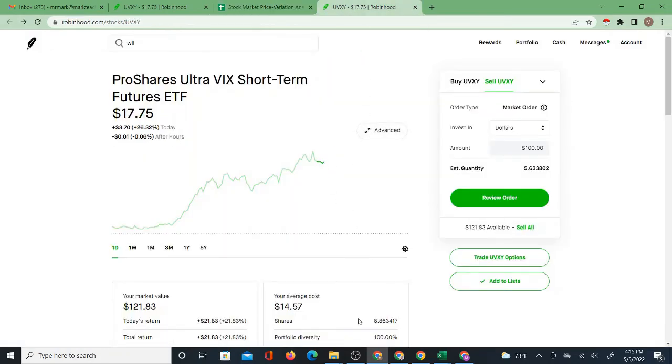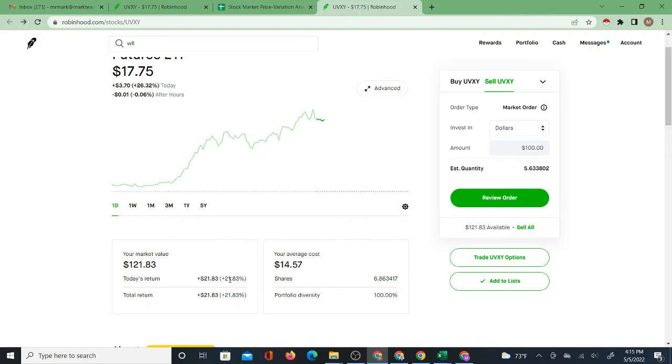It doesn't always go up this much, but sometimes I sold a few yesterday, and one went up like 6%, the other two went up like 2%, and then one lost, I don't remember how much, like 1% or something. So overall, I was net positive, and that's the idea.